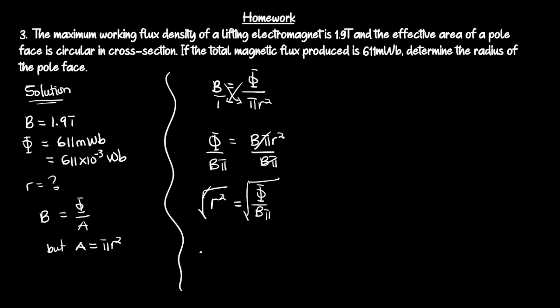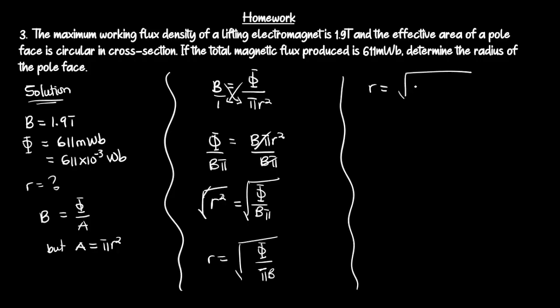So this will cancel this, and therefore my radius is equal to the root of phi over pi B. This means that my radius is equal to the root of the value of my phi, 611 times 10 raised to the power minus 3, on my pi and B.